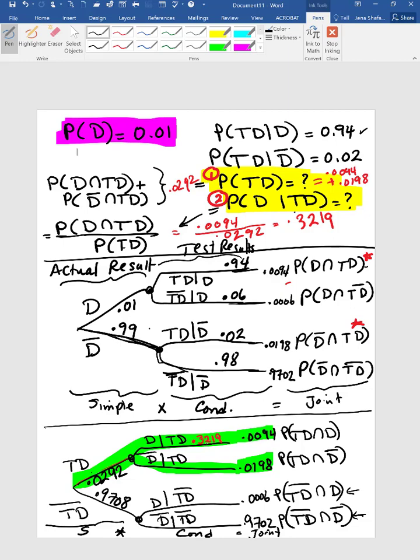Similarly, we can do all of these. 0.0198 divided by 0.0292 is 0.6781. Of course, we could have subtracted 0.3219 from 1 to get this. Similarly, 0.0006 divided by 0.9708 equals 0.0006. That's just how the numbers turn out.